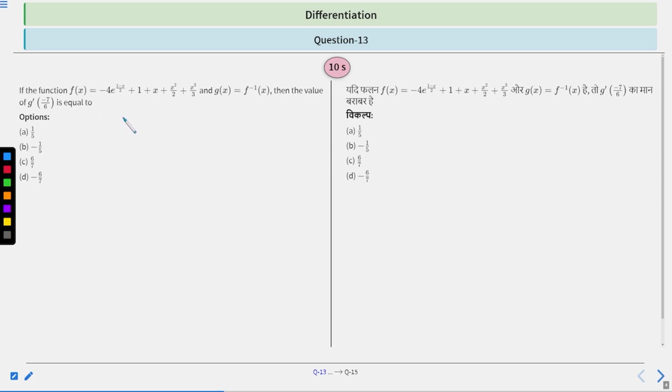Once we find f inverse x, we can easily differentiate g(x) to get the value of g dash minus 7 by 6. You have 10 seconds to think about the question. After 10 seconds, we will discuss the solution.